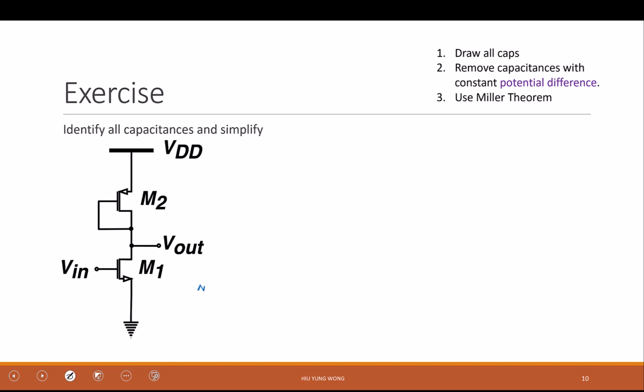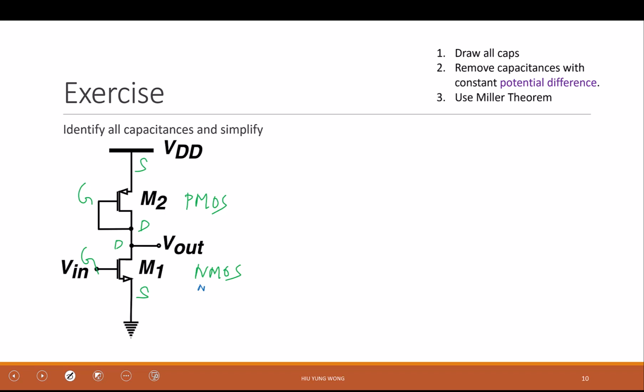The bottom one, NMOS. The top one, PMOS. And because this is source, this is drain, this is gate. And what is this? Also drain, this is gate, this is source, right? Because PMOS has the higher potential at the source, right?